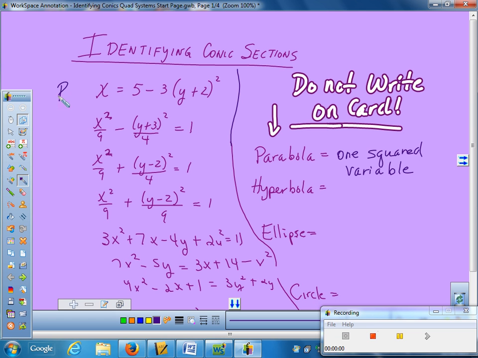It would be hyperbola. Yeah, which was the only one where they were subtracted. Hyperbolas only. So two of the variables will be squared, but they'll have opposite signs. One will be positive, one will be negative.